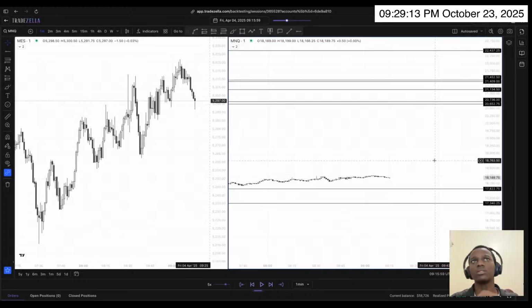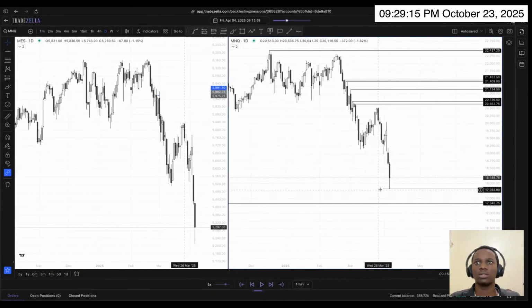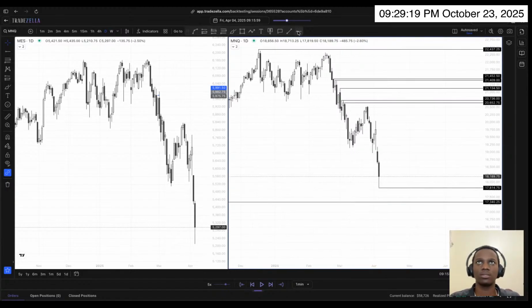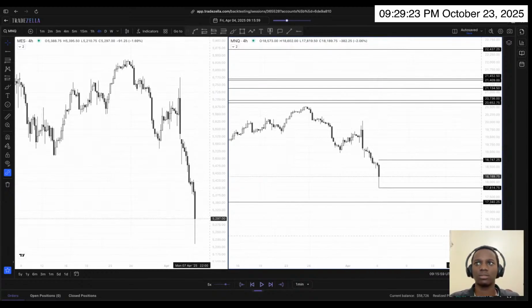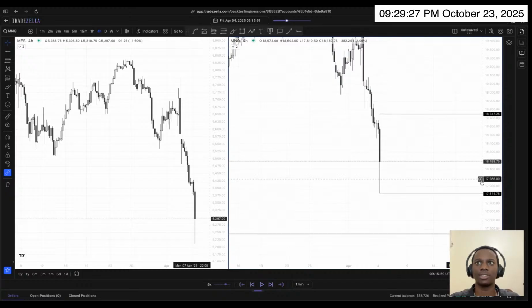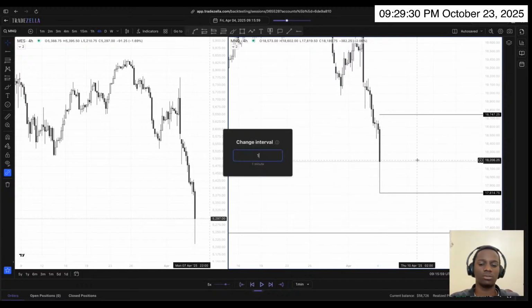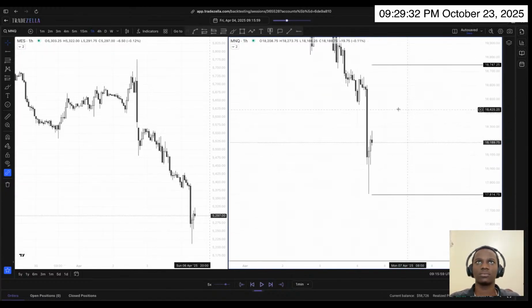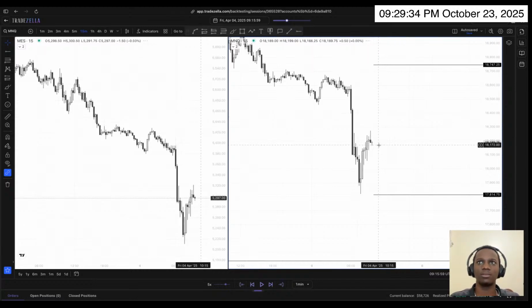Go to the daily. I think it could probably go lower. NFP Friday, by the way. So this could probably be a data low. We're in an hourly fair value gap.